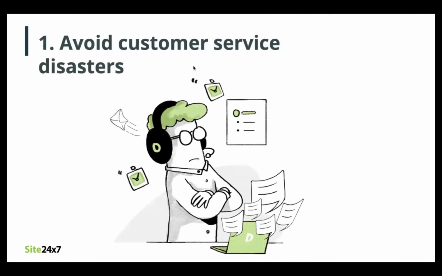So the first point we'll be discussing is how status pages help us in avoiding a customer service disaster. So one thing that is certain, especially if you're into tech, is that there are going to be downtimes. Rather than denying this, how we deal with it and learn from it is what is more important.